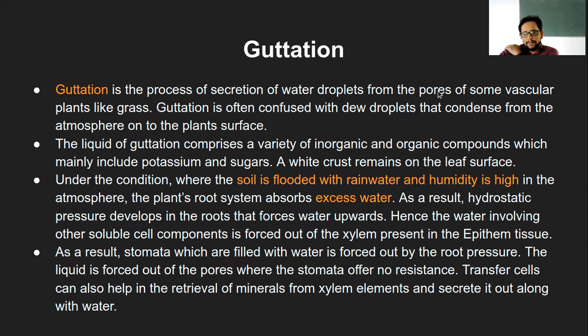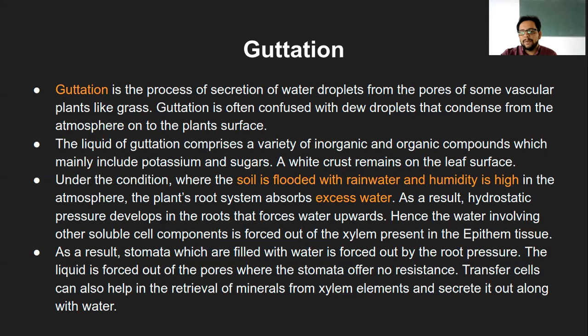Now, another difference, like I mentioned, is guttation happens through the margin, transpiration happens through the surface of the leaf. Guttation happens in the form of water droplets, while transpiration happens in the form of evaporated water, that is the water vapor. So there are these drastic differences between guttation and transpiration.